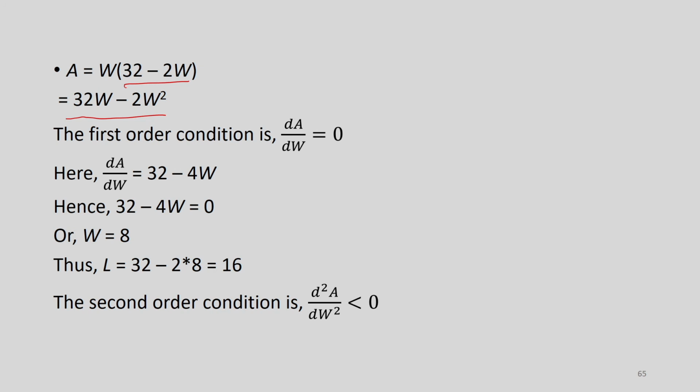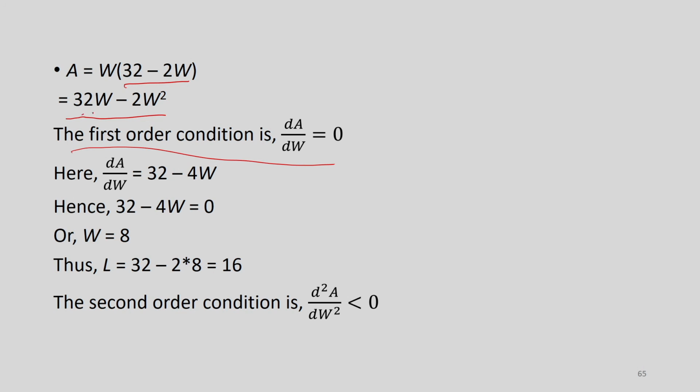Now, this has to be maximized. It is a very simple thing. It is a function of a single variable, and we know the techniques of maximizing a function which has only one variable. What is the first order condition? I set the derivative equal to 0. So, dA/dW is equal to 0, the necessary condition.